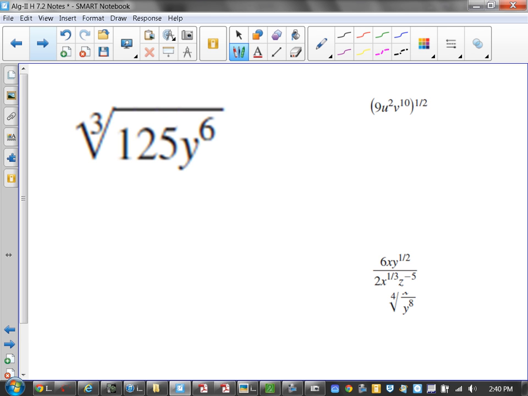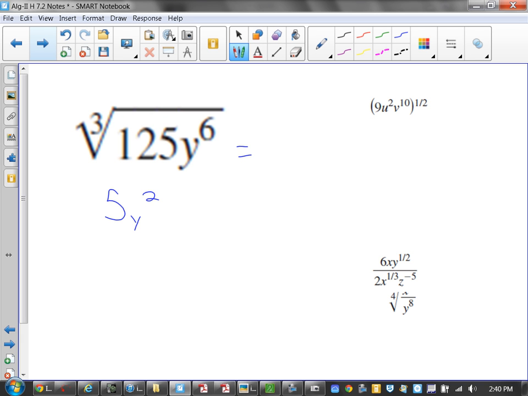Hold on. What's the cube root of 125? 5? 3 goes into 6 how many times? Any left over? I'm not even bothering showing you the rule. I'm just showing you the shortcut. Watch.